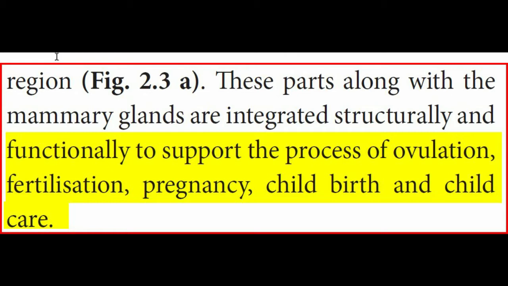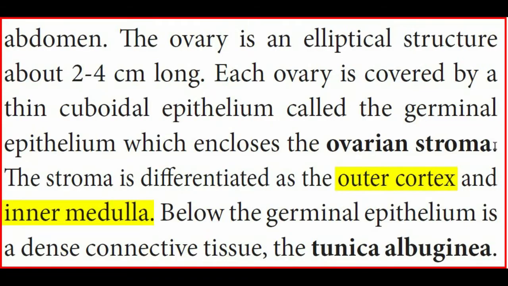Now, let's see the first part of the female reproductive system, that is the ovary. The ovary is an elliptical structure, 2 to 4 centimeters long.